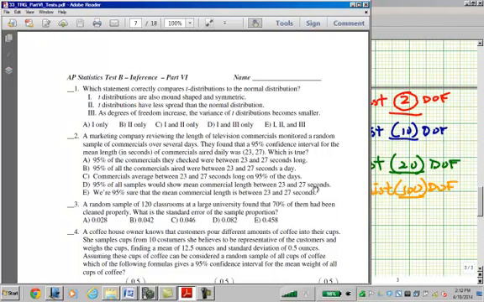So D is a confusion about the level of confidence, which states that 95% of all samples would produce a confidence interval that contains the true mean length of the commercials aired daily.